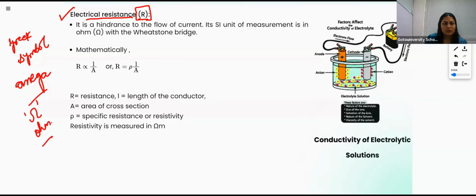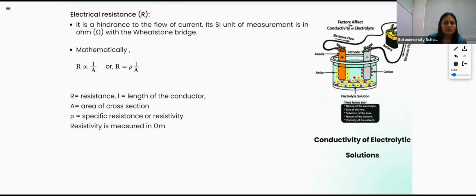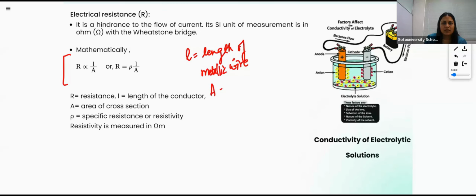We have also studied this electrical resistance in the Wheatstone bridge, which you have studied in physics class also. So mathematically, how we calculate the electrical resistance: resistance is directly proportional to L by A, where L is the length of the wire, or say metallic wire, and A is the area of cross section.